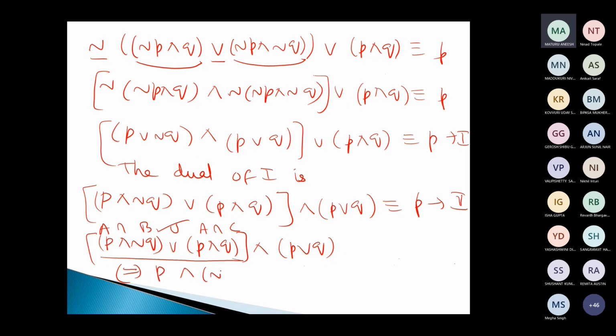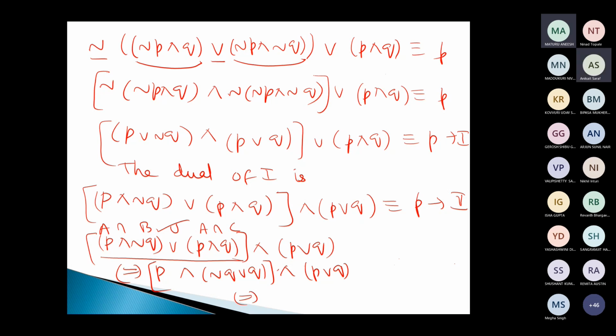P and (not Q or Q), and P or Q. So what is not Q or Q?